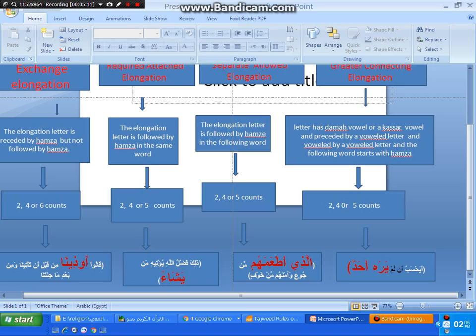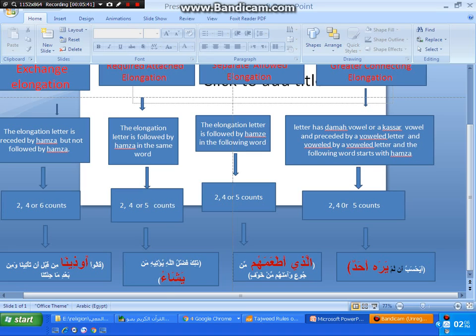Look at the letter ها, which refers to the third person male, for example, his money, his friend, and so on. You will find يره is voweled with dhamma, and it can be voweled with dhamma or kasra, and the letter before it, which is ra, is voweled with fatha, and the following letter, which is Hamzah, lam yarahu ahad, is also voweled with fatha.